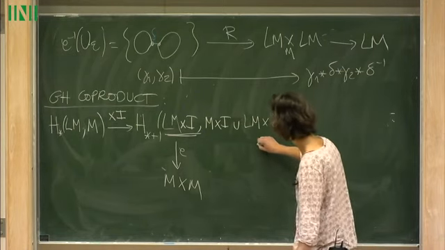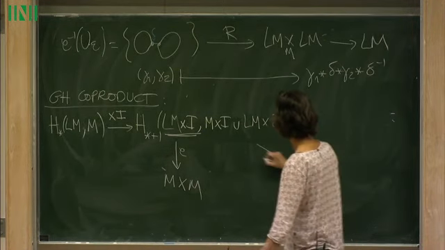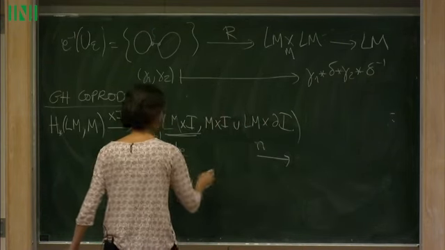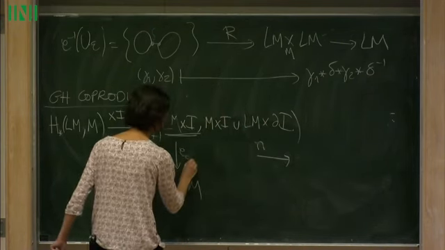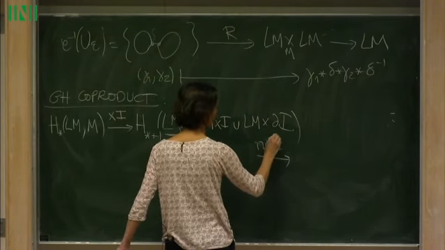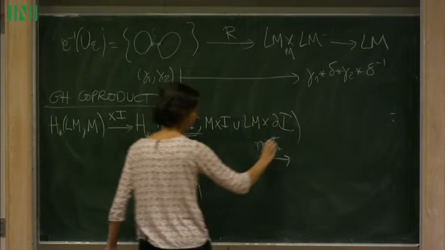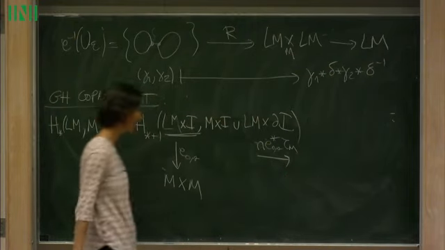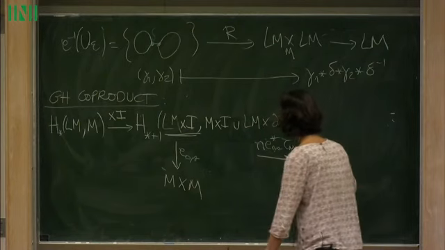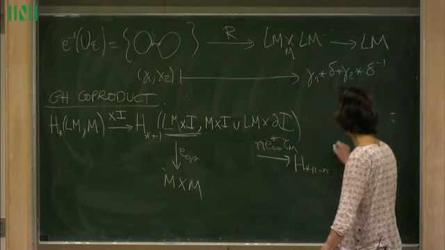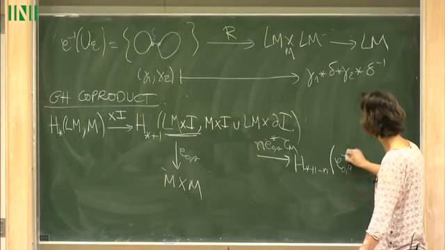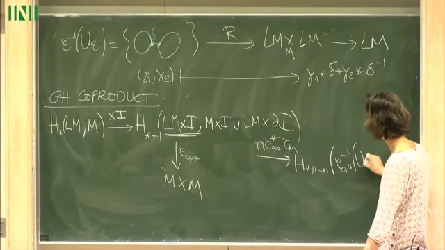So just as in the other case, we can cap with the pullback of the Thom class of m, and this will land us in H star plus 1 minus n of the inverse image along this of U epsilon.